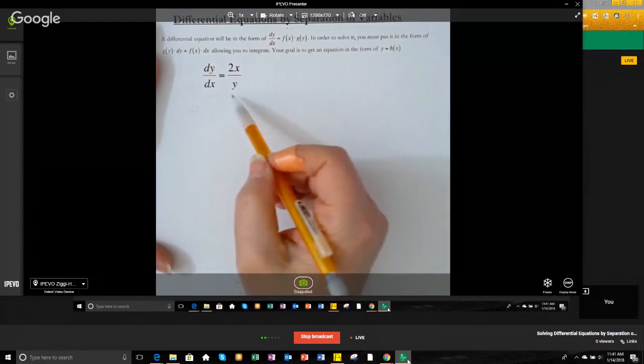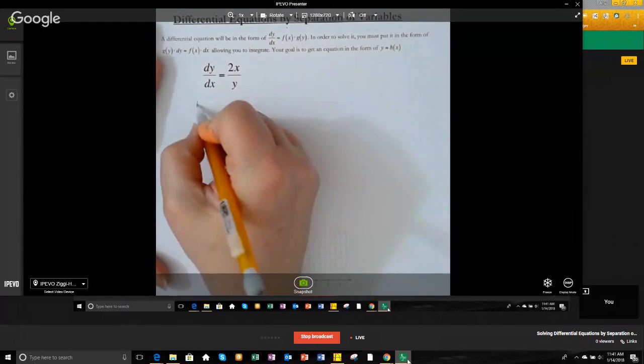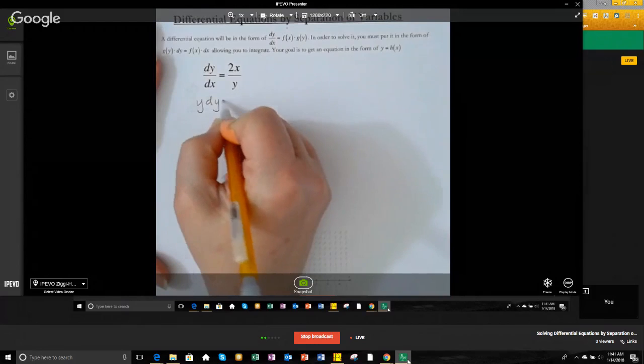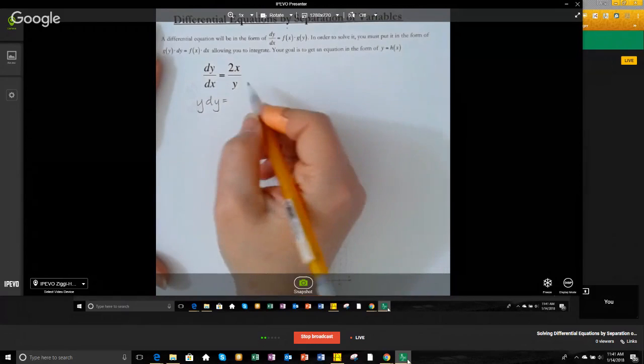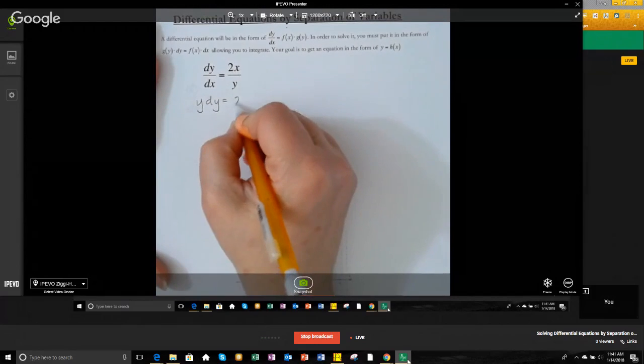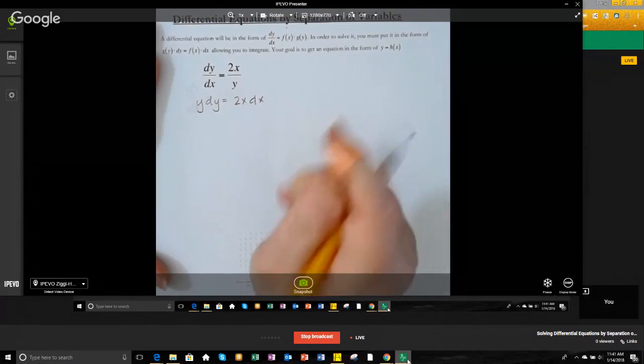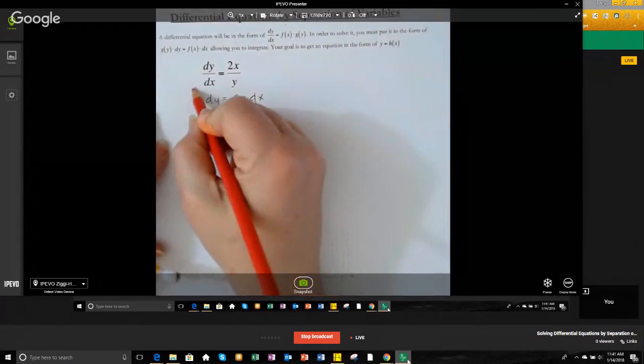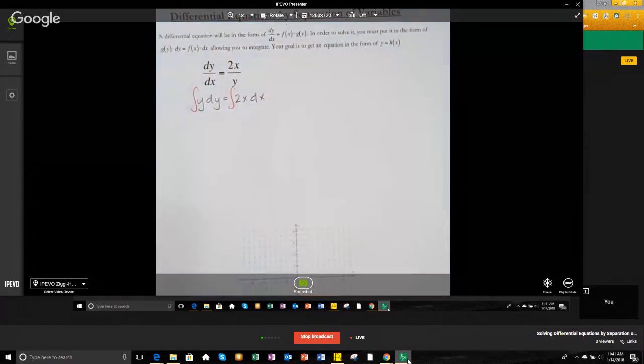So we're going to multiply both sides by y, so we get y dy equals, and then multiply both sides by dx to get 2x dx. Then we're going to get our magic integral marker out, and mine's going to be a magic integral pencil, and integrate both sides.